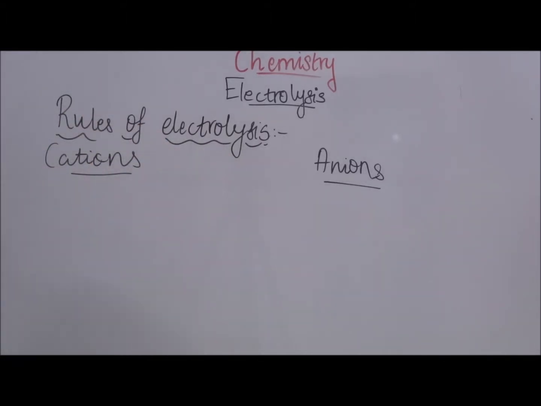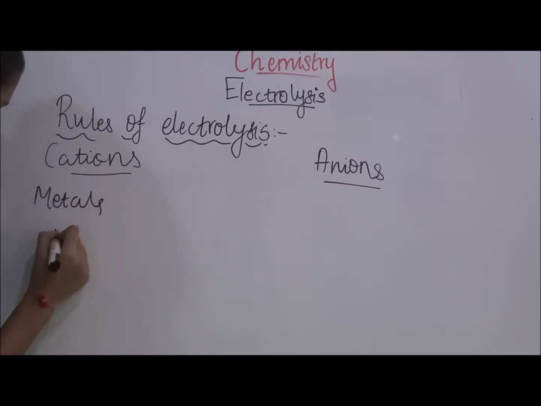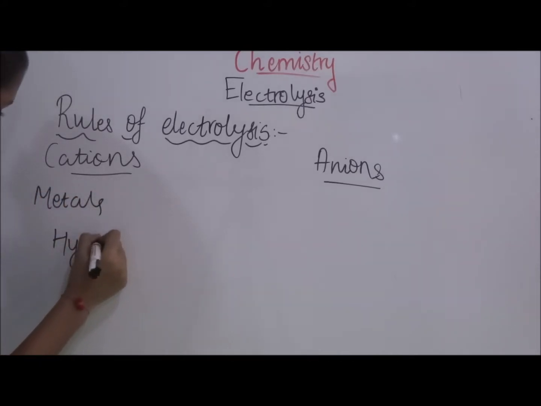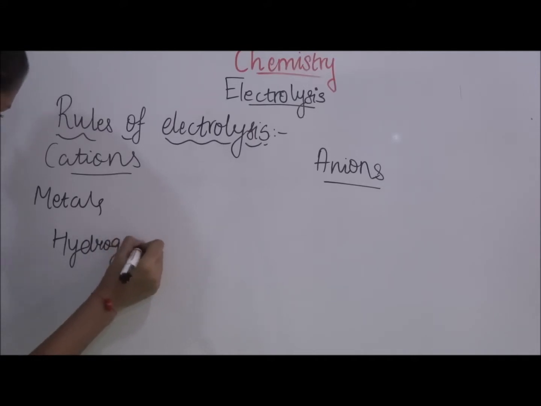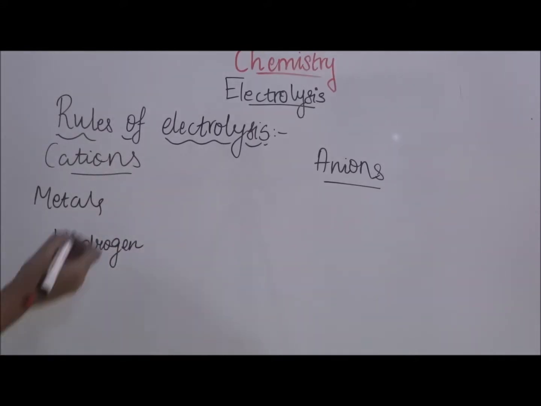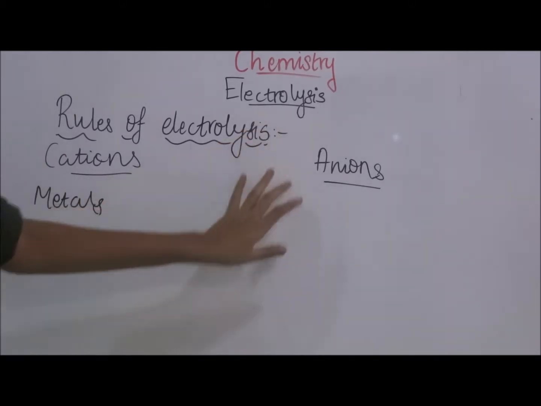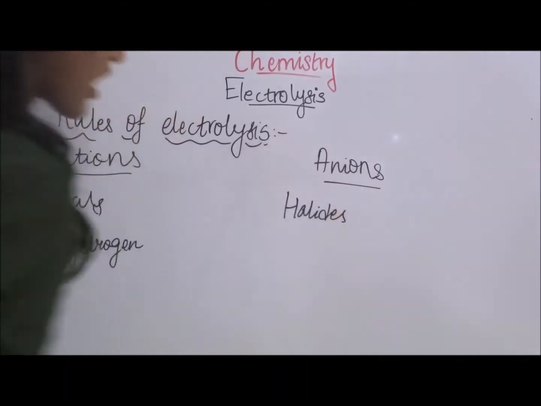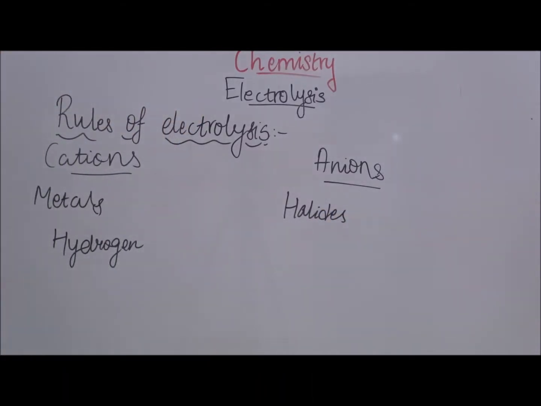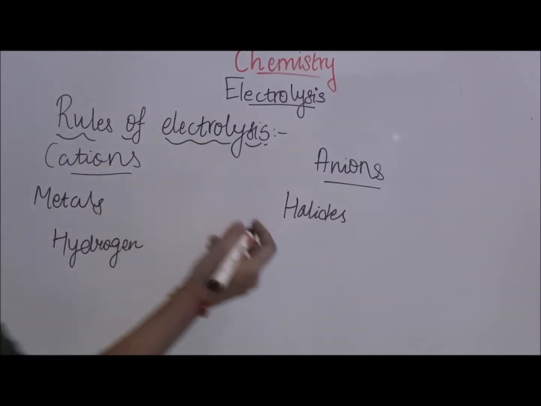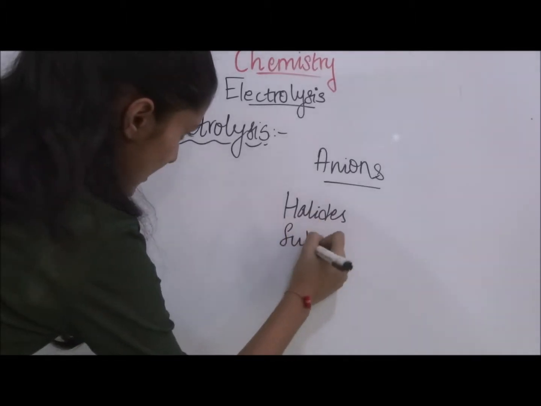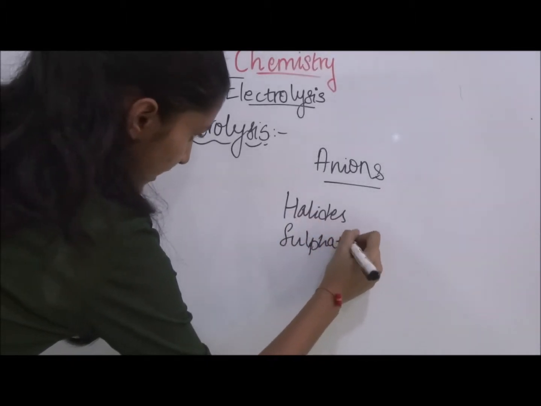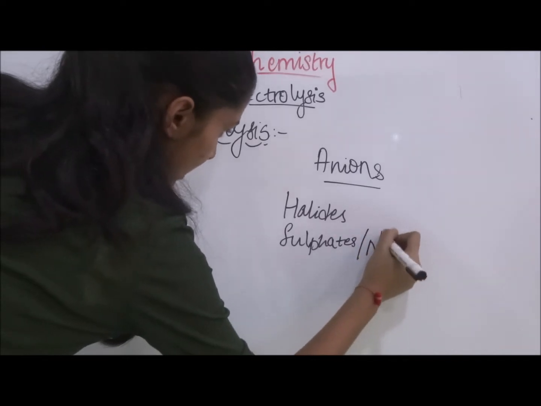For cations, only metals or hydrogen form at the negative electrode, or the cathode, because only these either metals or hydrogen form cations or positive ions. While for anions, you have halides, which is nothing but chlorine, bromine, iodine, the whole group 7, or you will have sulfates or nitrates as anions.